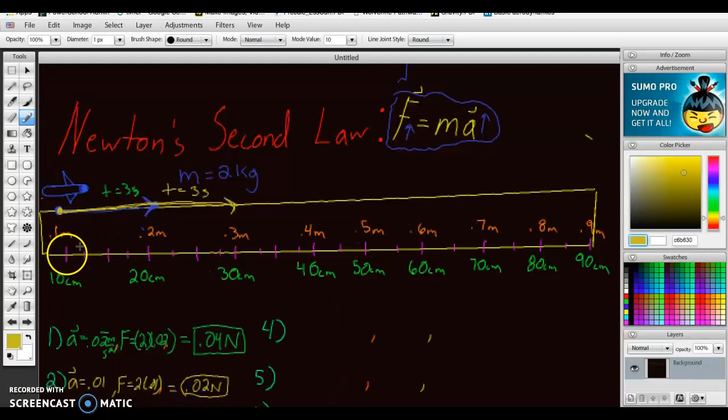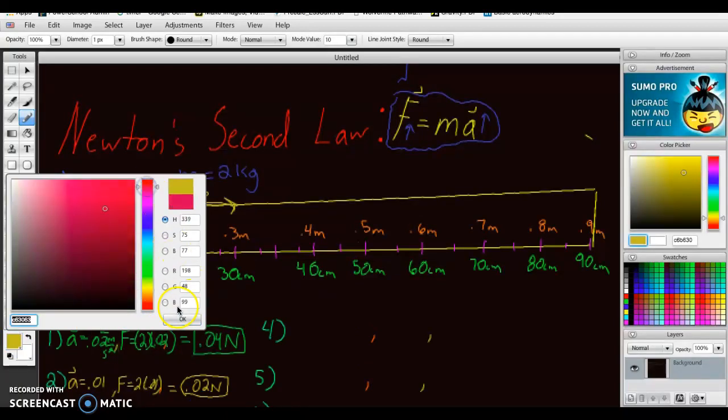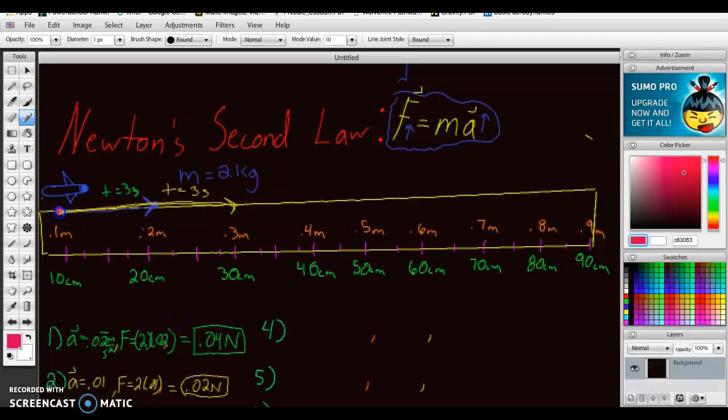Now let's do it again. We're going to go from 0.1 meters all the way to 0.5 meters. That is a displacement of 0.4 meters, and let's say it does this in 10 seconds.